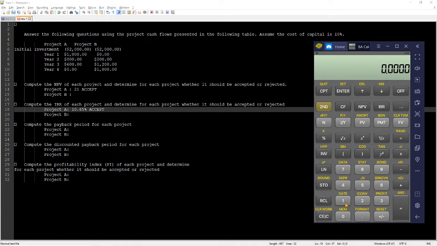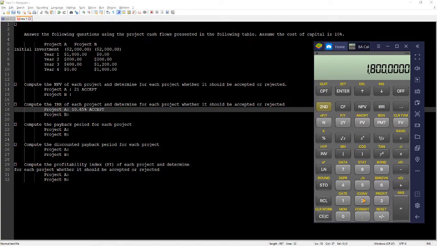The payback period is how long it takes to recover my initial investment from my cash flows. The first year is 1,000, and the second year is 800. So after the first 2 years, we've recovered $1,800 of the $2,000 initial investment.